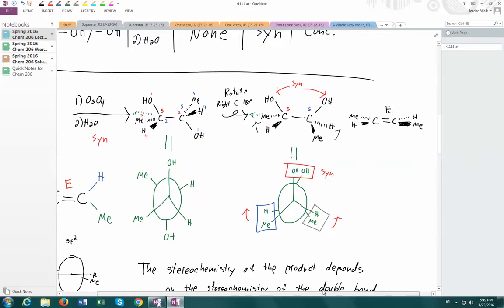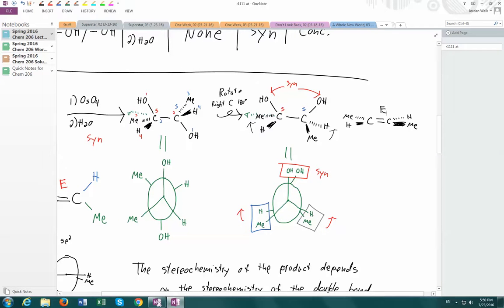Okay, so if you had drawn the wedges and the dashes on the intermediate step, before the final product, if you had drawn the wedges and dashes switched, so you would have the H's up top and on the left, and on the right you have the H on the bottom. It's still the same product, right? So are you talking about this orientation?